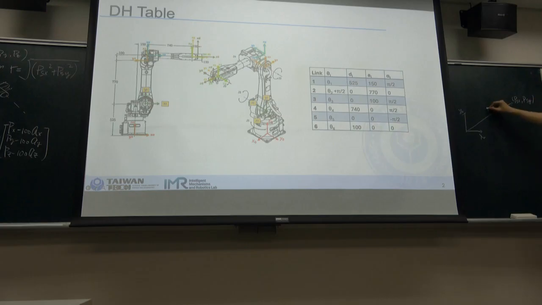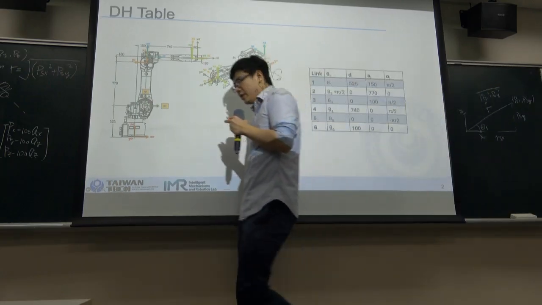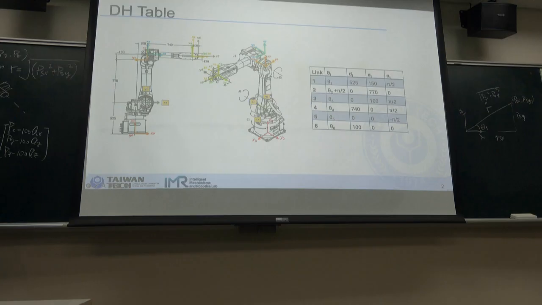And if we get the length here, it is the square root of P5x squared plus P5y squared. We can just use P5x or P5y, and we can get theta 1. Through very basic trigonometry, we can get the value.